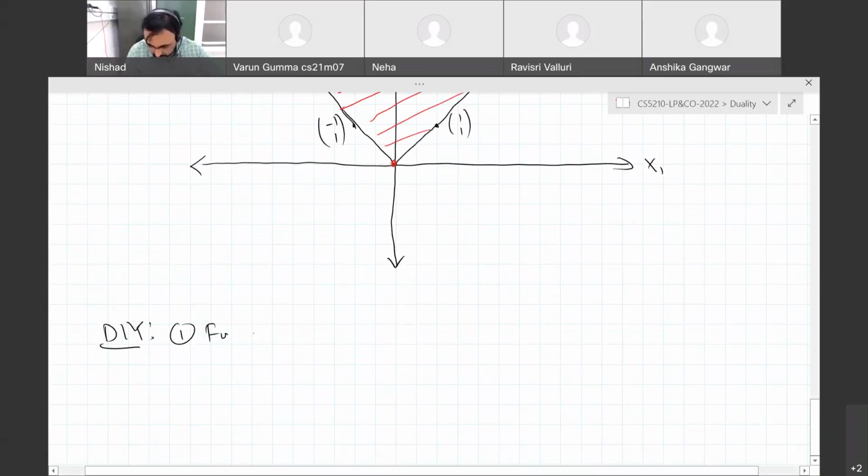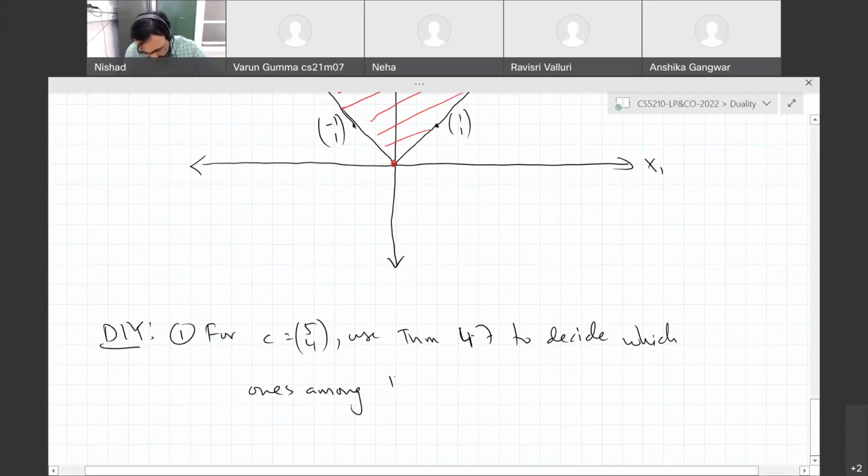For the objective function c equal to 5, 4, use theorem 4.7 to decide which ones among 1, 6 and 2, 5 are optimal solutions.